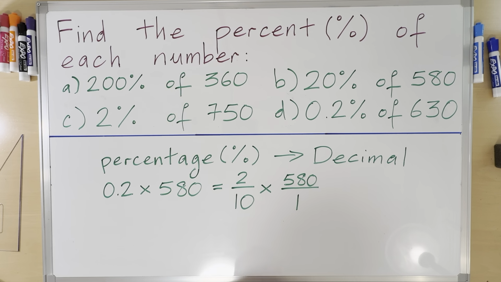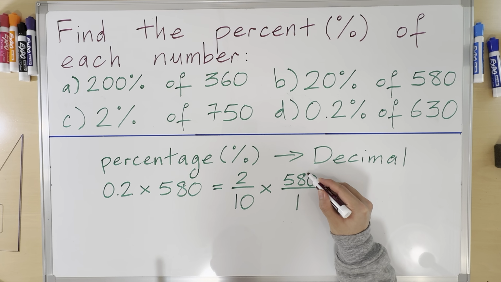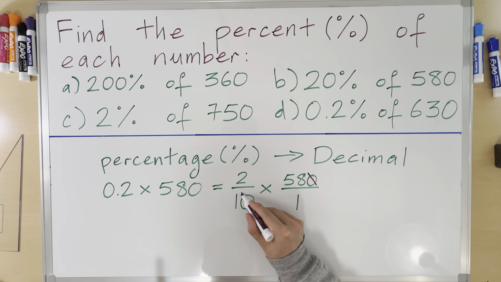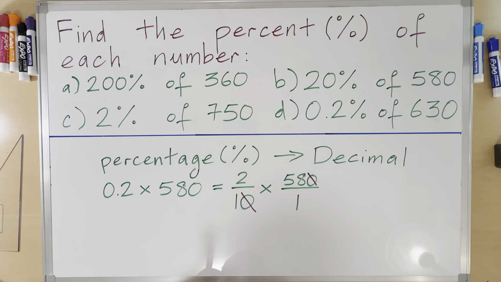Right here, we can see that the zeros and the zeros cancel each other out.